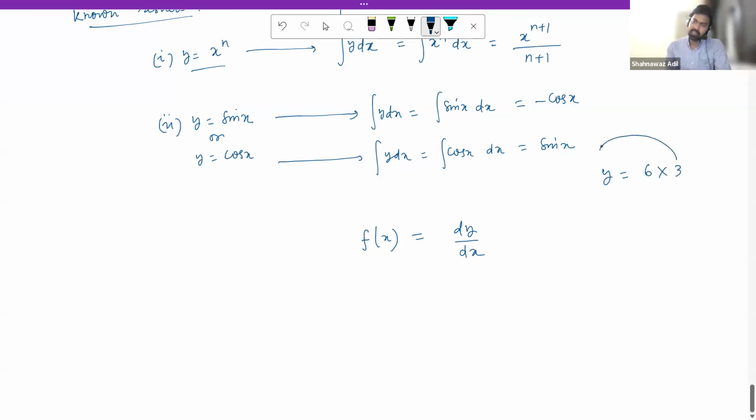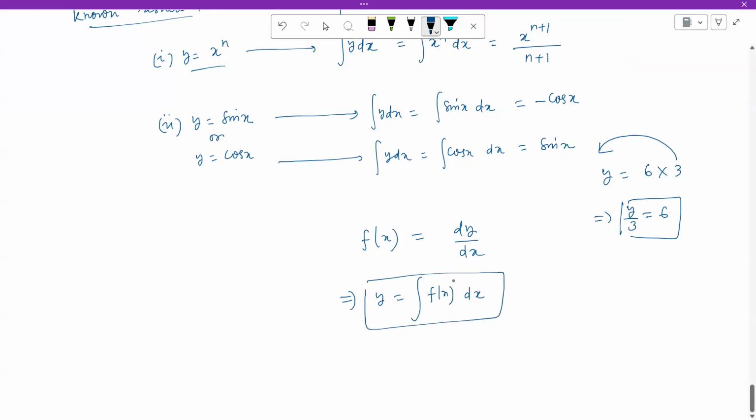If I take it to the left hand side, what would this operation be? Division, so this would be divided by 3. Similarly, if I take this the other side, then y would be the integration of f(x) dx.